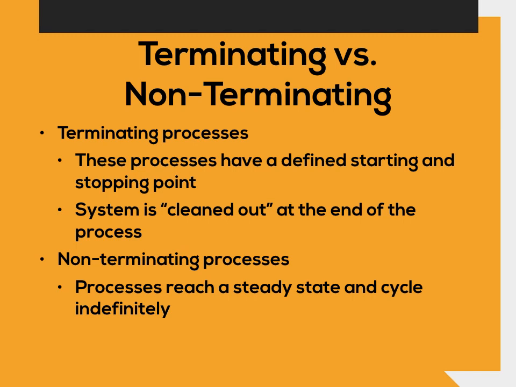A non-terminating process is going to reach a steady state. In other words, when it first starts up, obviously it's not going to run in a normal way as things get online. But once the system has stabilized, it's going to have stability. And at that point, we would start generating data from our simulation.